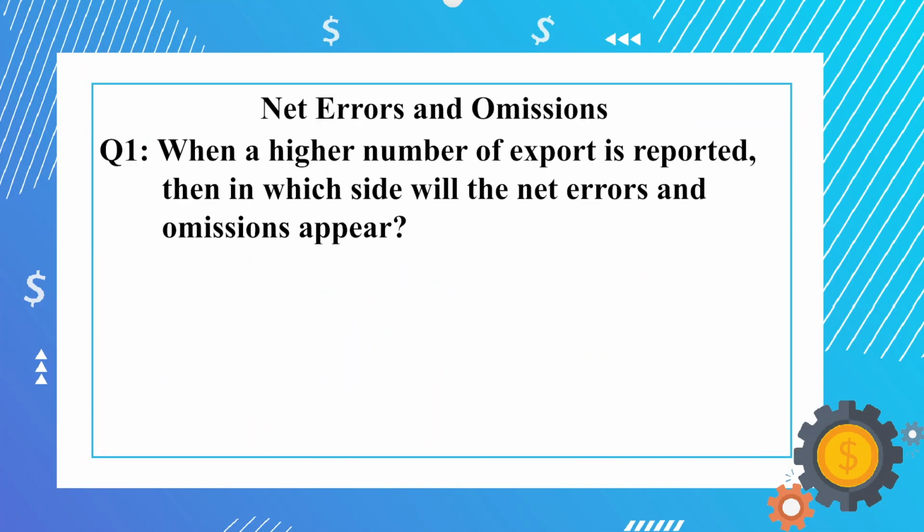Our question is, when a higher number of exports is reported, on which side will the net errors and omissions appear? Only two choices, either debit side or credit side. The answer should be which one?